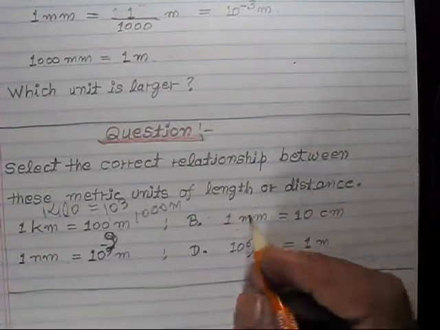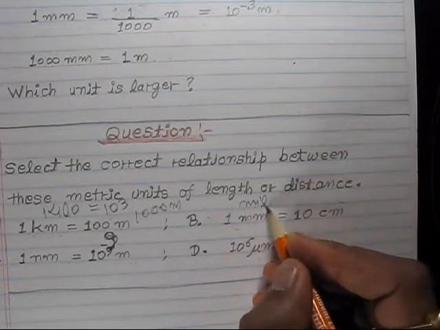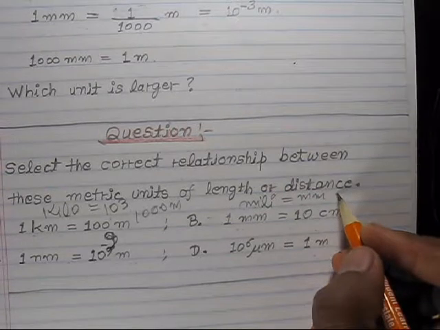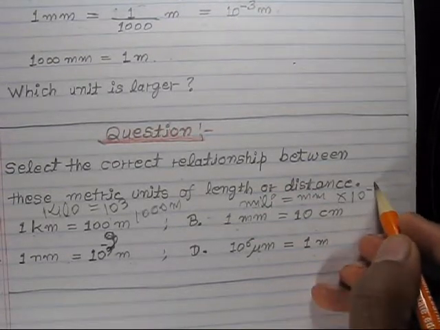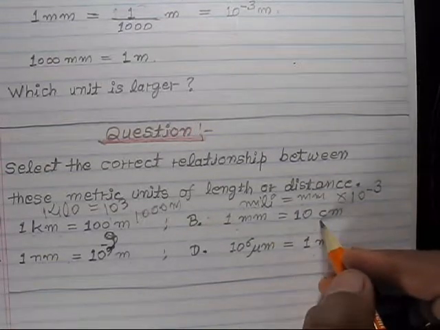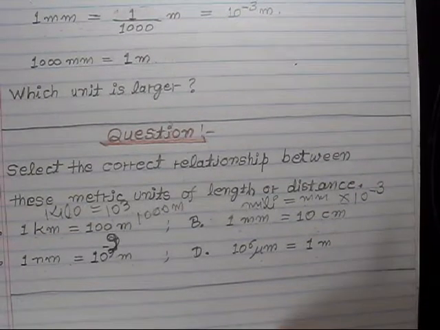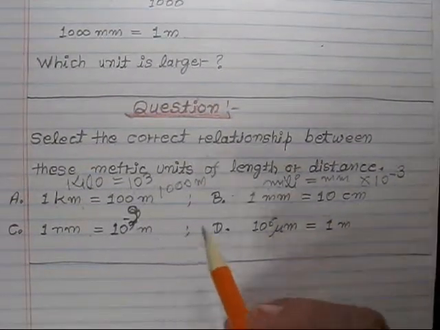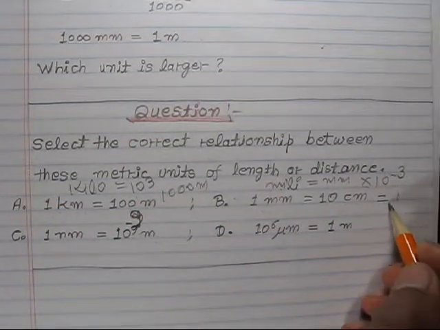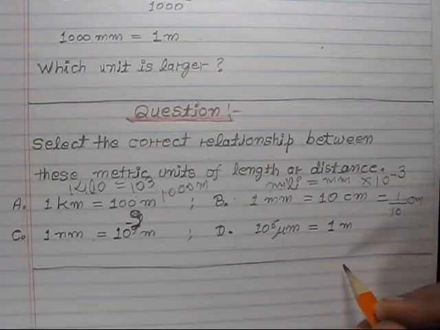It cannot be, because mm is milli, small m, and it means you have to multiply by 10 to the power minus 3. So 1 millimeter cannot be 10 centimeter; basically it should be 1 upon 10 centimeter.